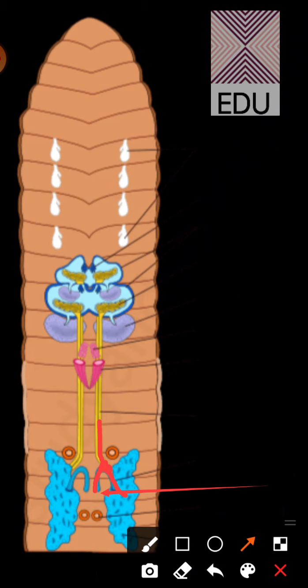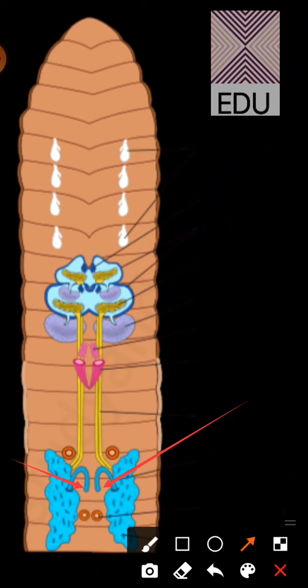So if you remember the morphology of the earthworm, we had discussed that the 18th segment has two male genital openings. So these are the two openings. This is the first opening, and this is the second opening.